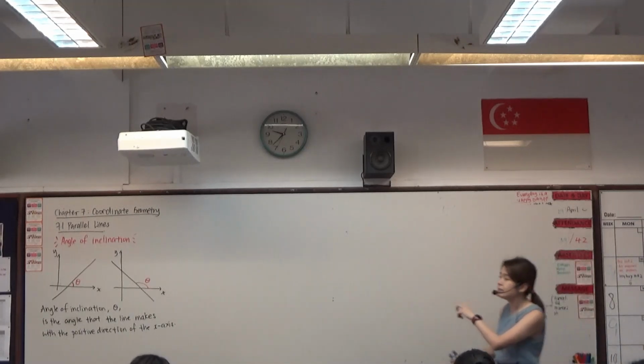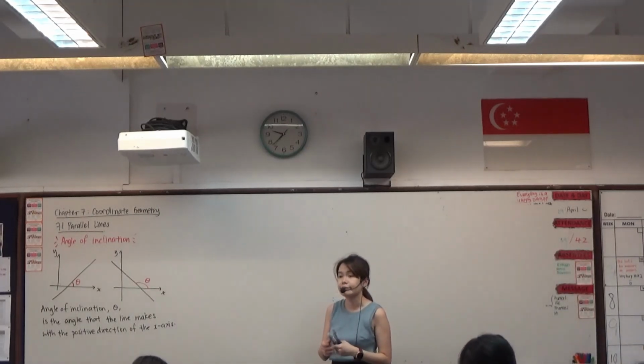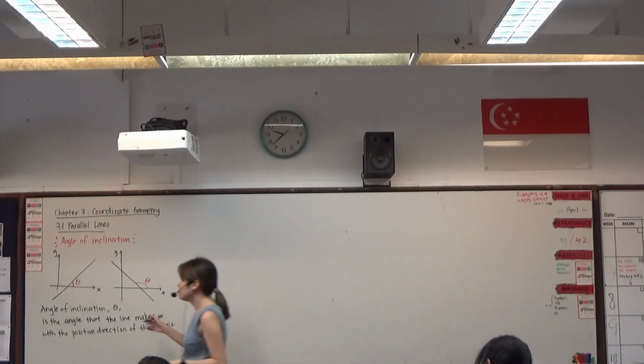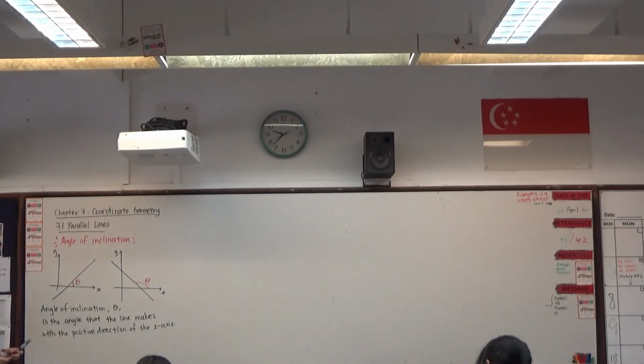Now, why is this angle of inclination important? The angle of inclination can tell us the gradient of the line. How does that happen? I'm just going to use the upward sloping line here. If I have an angle here, I can form a right angle triangle in this manner.